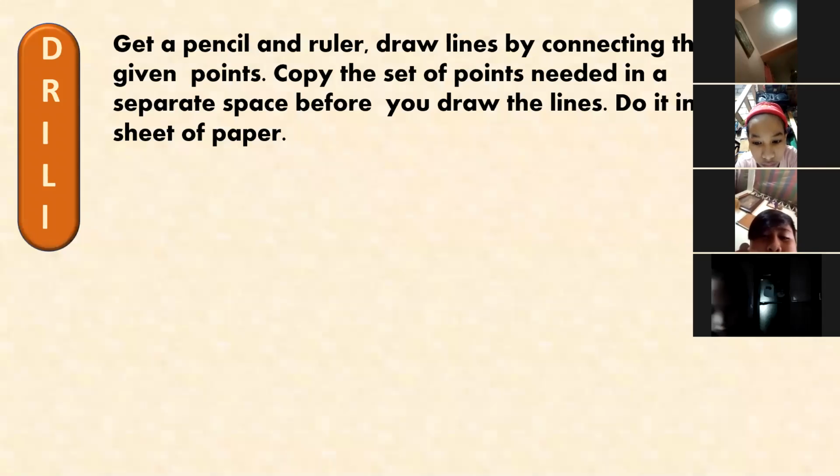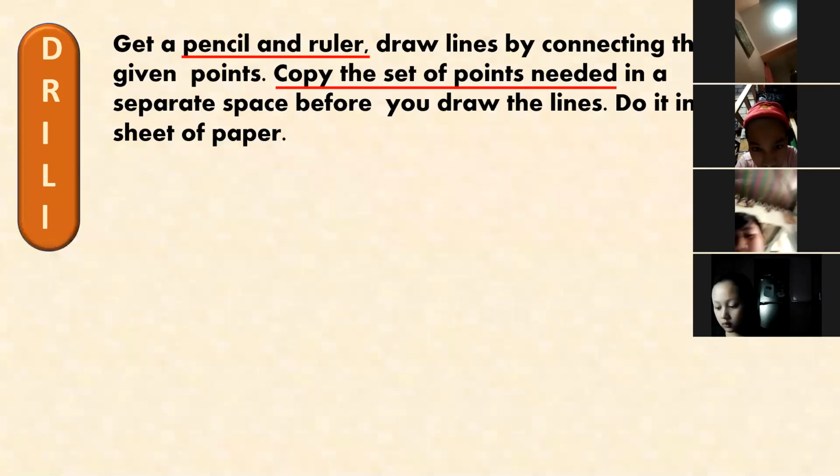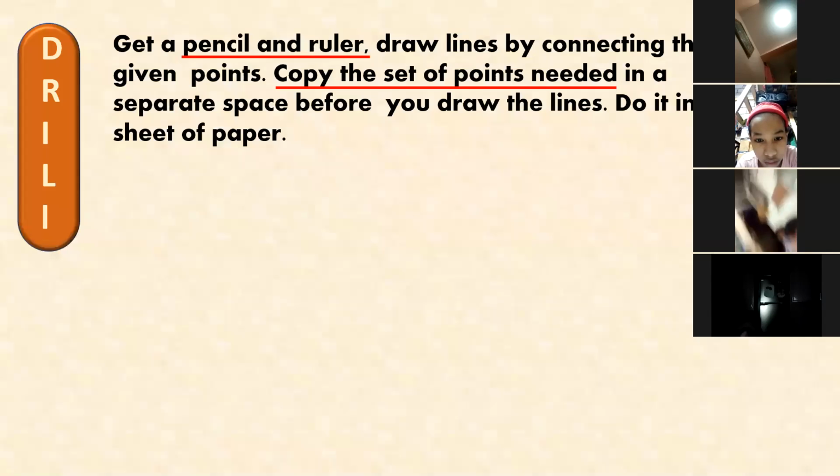Copy the set of points needed in a separate space before you draw the lines. Do it in a sheet of paper. Gagawin nyo daw sa sheet of paper. Pero sabi ko, sa notebook na lang.